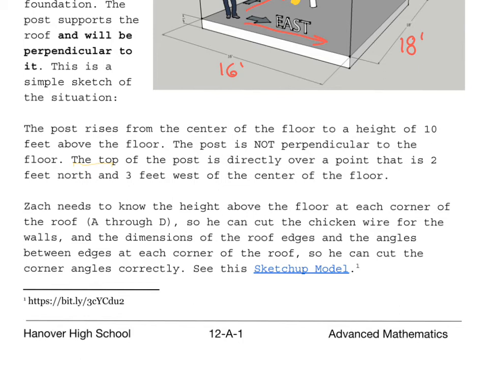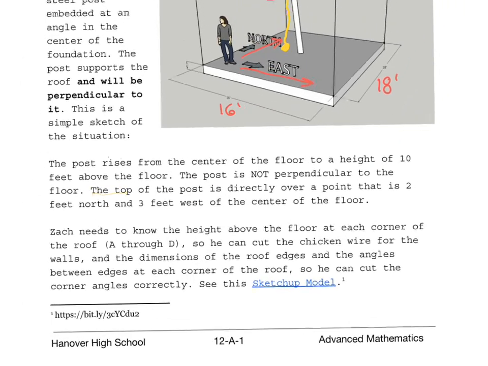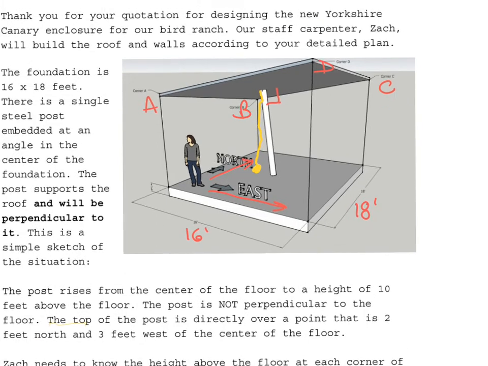I'm not 100% sure about that, but you can try it. Try that Chrome SketchUp viewer and take a look at the model. It's not absolutely essential, but if you open that model, you can play around with it, rotate it, and zoom in and out and get a good look at it. All right. So nothing else to do here, just talk about the scenario.